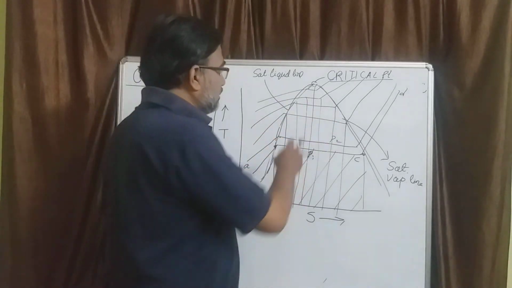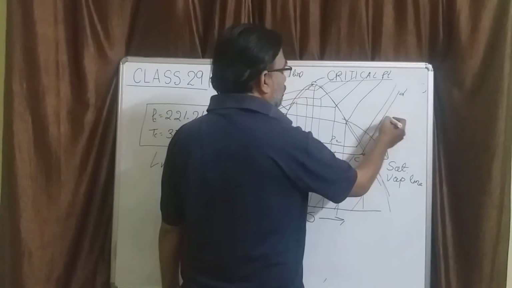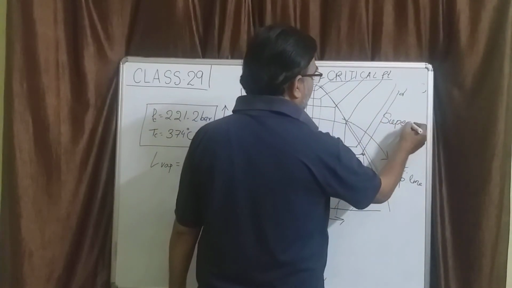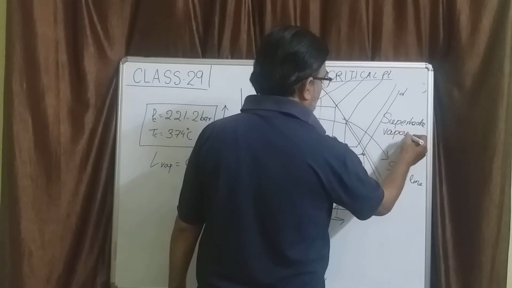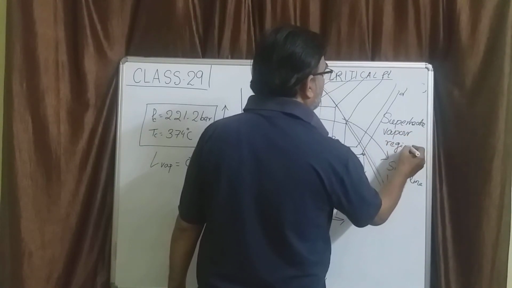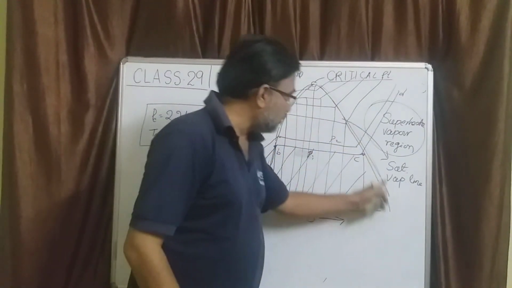And beyond this saturated vapor line, this zone is pure vapor, or it is called superheated vapor region. This zone is called superheated vapor region, and this is called the saturated vapor line.